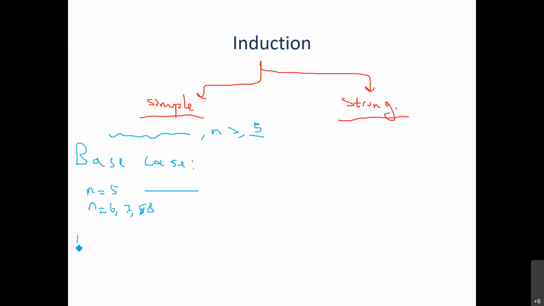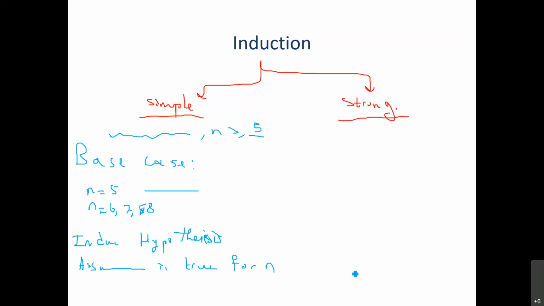Then you have your induction hypothesis. This is simply a statement where you say, assume that whatever we're trying to prove is true for n. Assume that the statement is true. That's it. That's all you do.